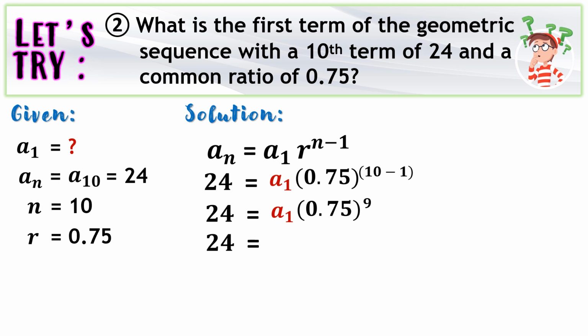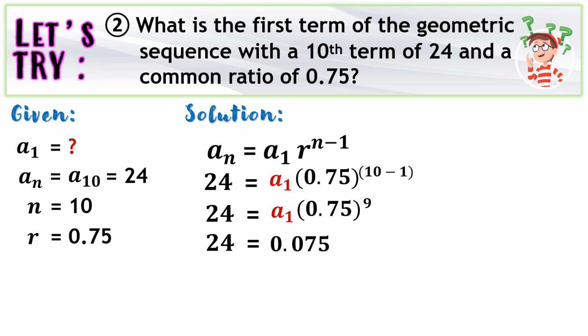So, ibig sabihin niyan ay you are going to write as a factor 0.75 times 9 times. So, 0.75 times 0.75 times 0.75. Kailangan 9 yun. And that will give you 0.075.